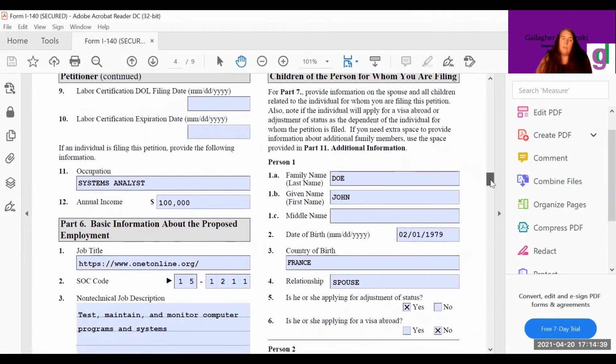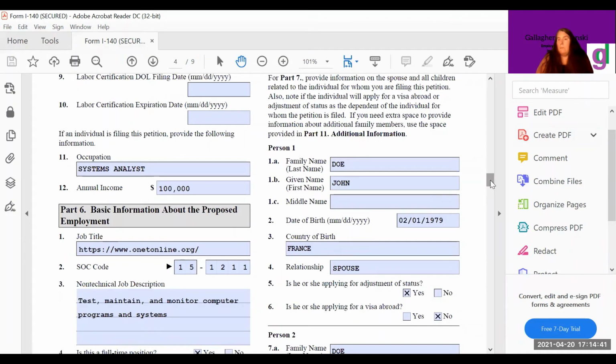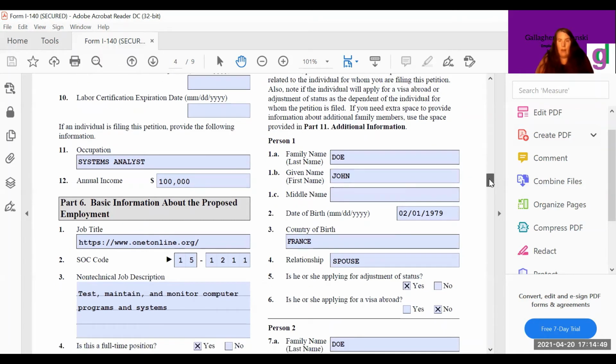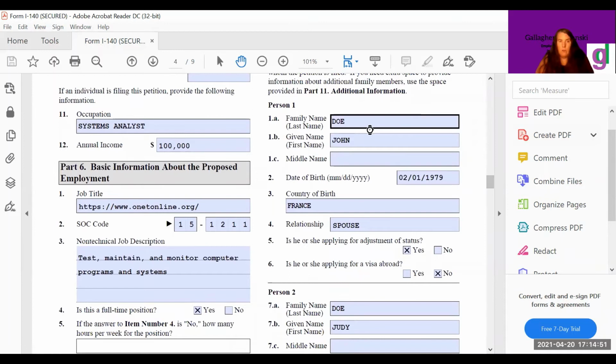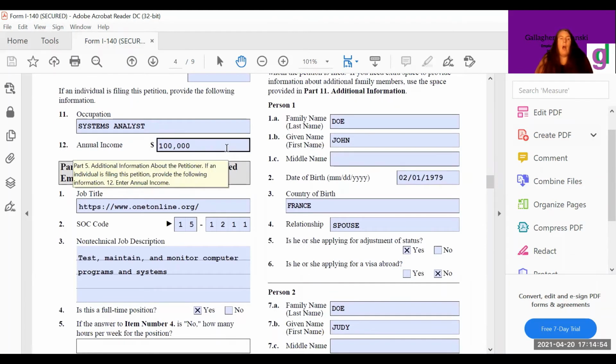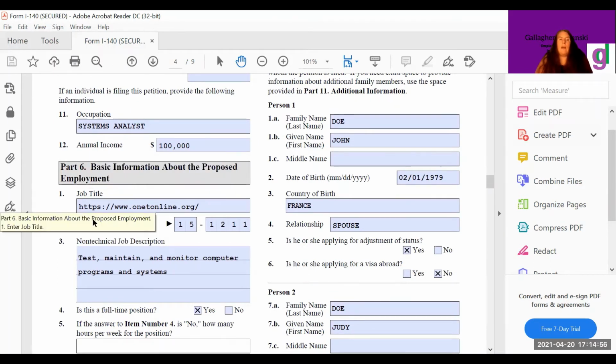I'm saying that this person is a systems analyst. I just made up an occupation here, and I made up a salary. So whatever you earned last year that you know of, you can put that. The job title and the SOC code need to be obtained from O*NET Online dot org.